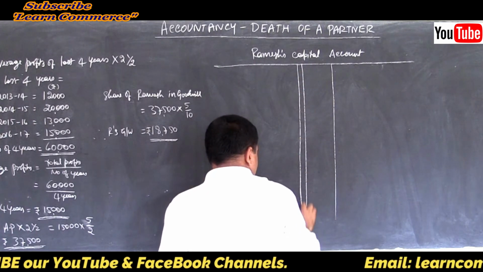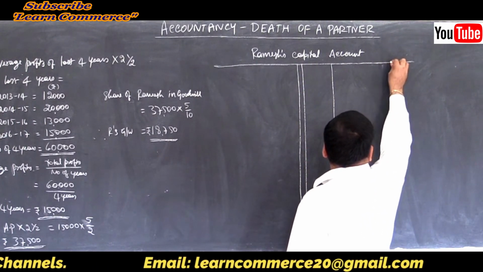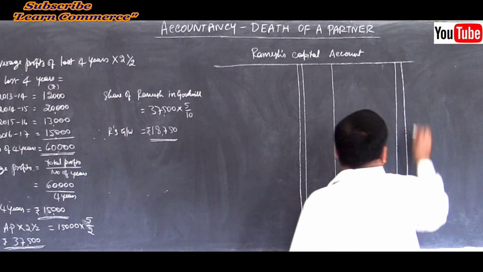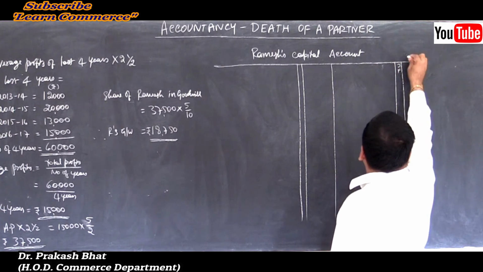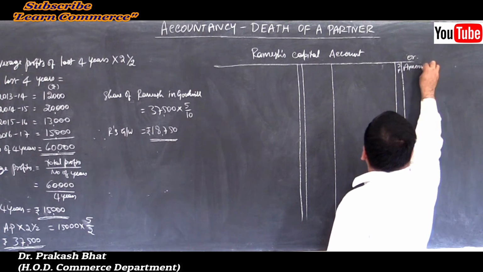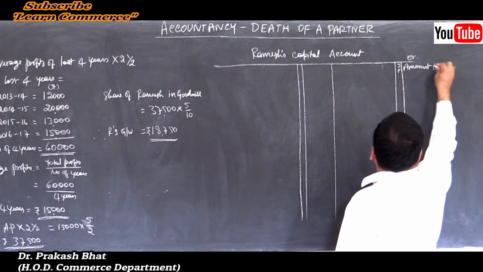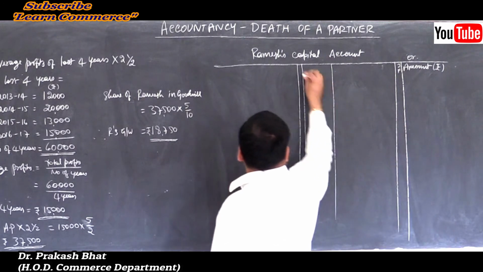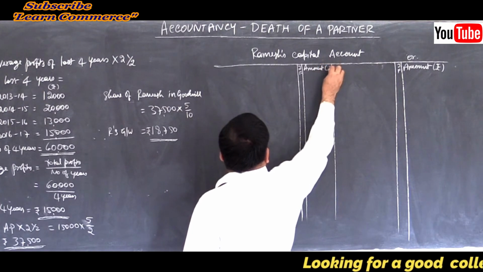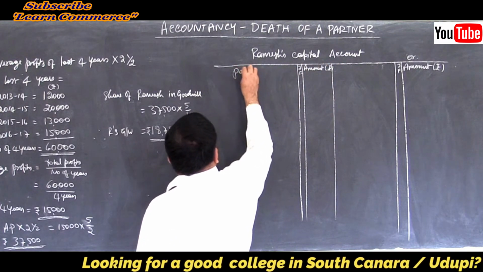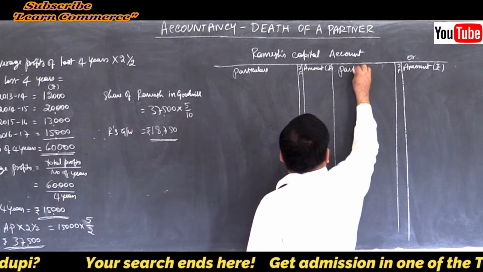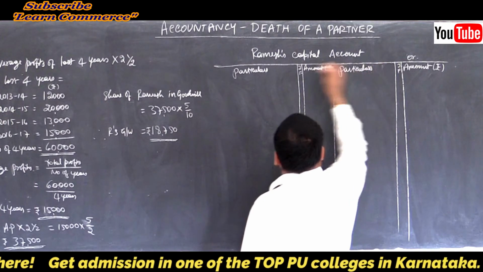Debit and credit are a must. It is an account. Remember, amount in rupees. Here also JF, amount in rupees. Particulars, ledger format, that's all.